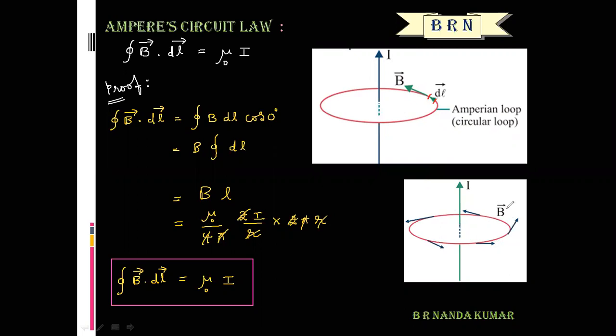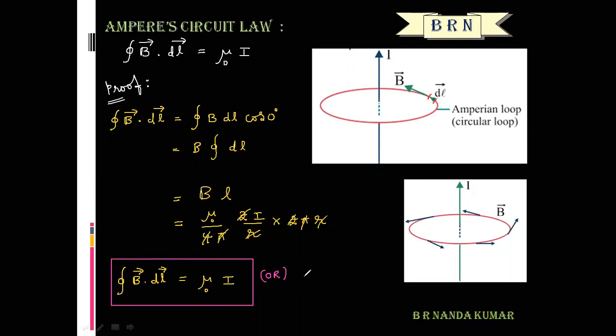The magnitude of magnetic field is constant along the curve. The direction of magnetic field at every point is always tangential. So this is the simplified form of Ampere's circuit law, and this is the simplified mathematical expression for Ampere's circuit law.